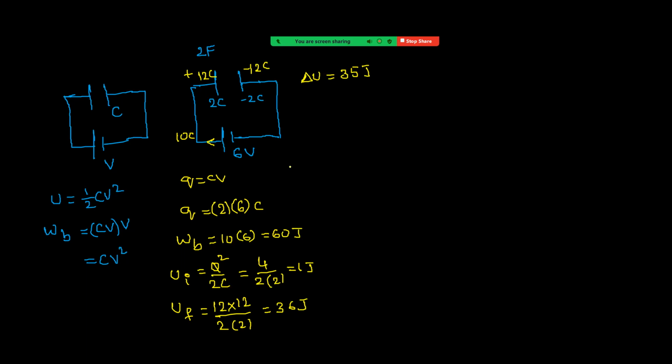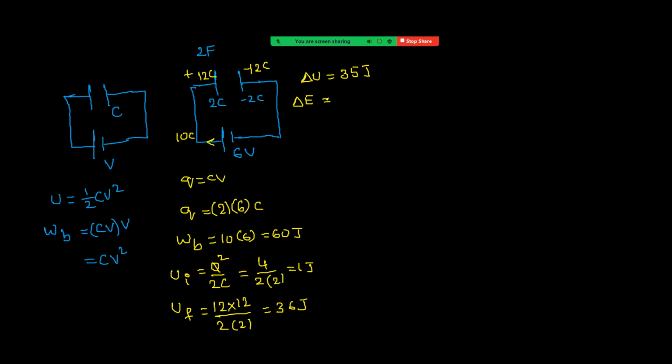Right? But see how much work is done by the battery. That is 60 joule. Out of 60 joule, only 35 joule is stored in the capacitor. The remaining is energy lost. Let us say delta E, energy lost in the form of heat.